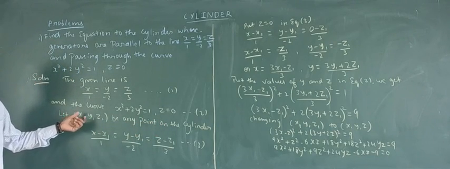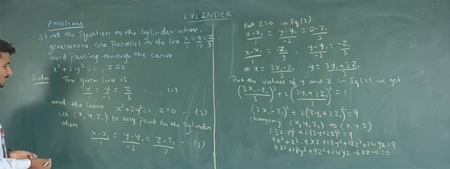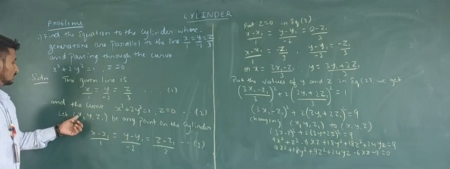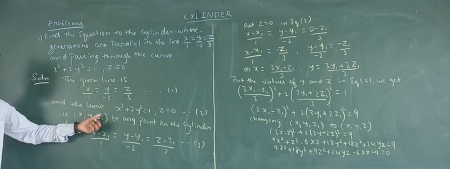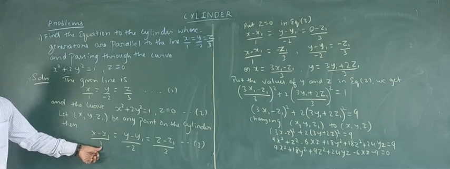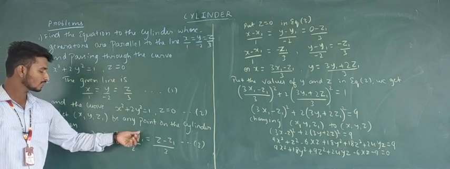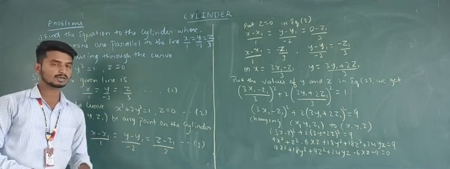The equation of the generator line will be (x - x1)/1 = (y - y1)/(-2) = (z - z1)/3.